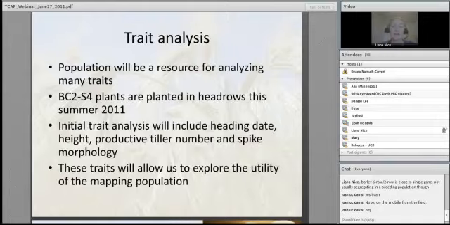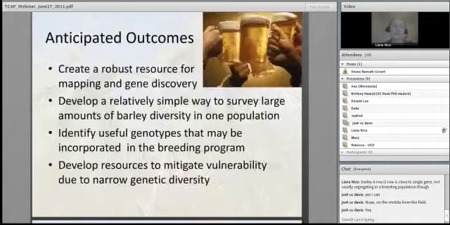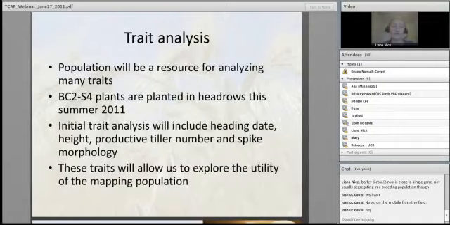So we'll start looking at things like heading date, height, productive tiller number, and spike morphology, and these traits are going to let us explore the utility of mapping within the population and get an idea of what's out there. But in the future, it is going to go into the TCAP in 2013 and will be fully analyzed for all the TCAP traits like nitrogen use efficiency, etc.